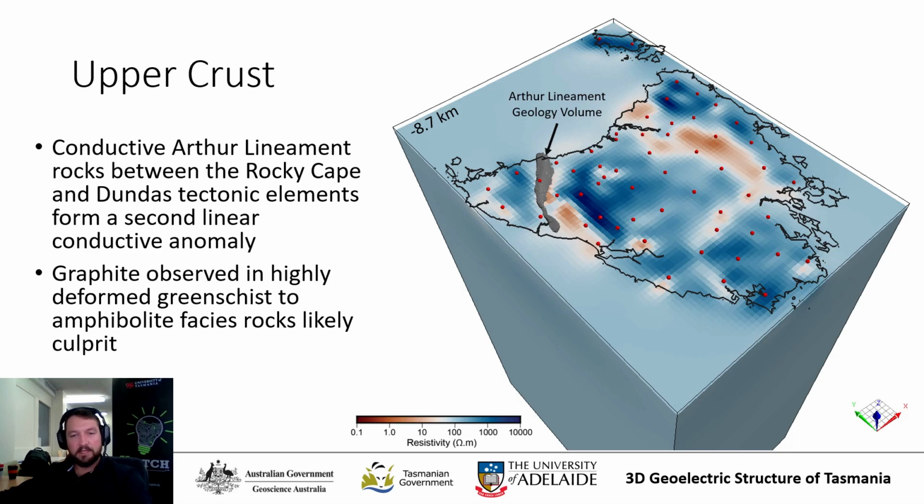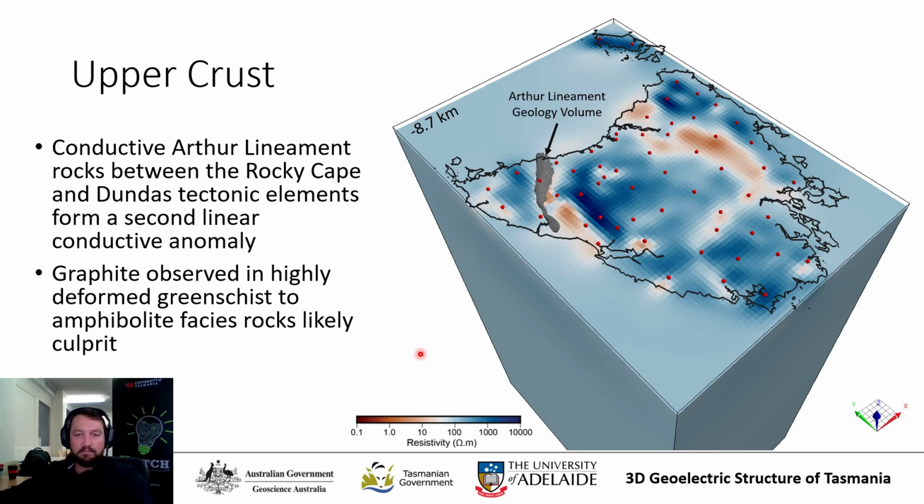Moving to the west now, I've overlain a 3D geology volume from the statewide 3D geology model, and we see a reasonably good correlation between graphite-bearing rocks of the Arthur lineament and a region of elevated conductivity.